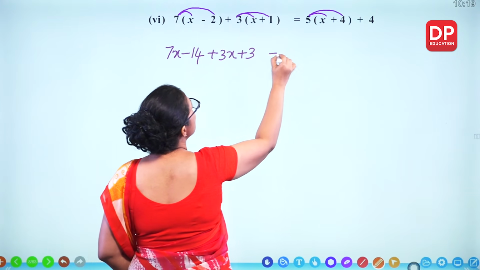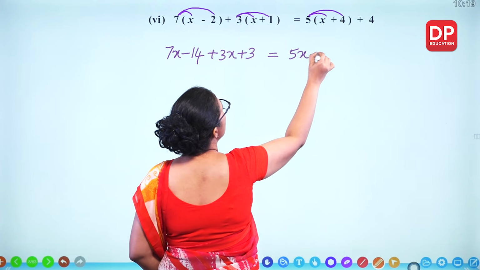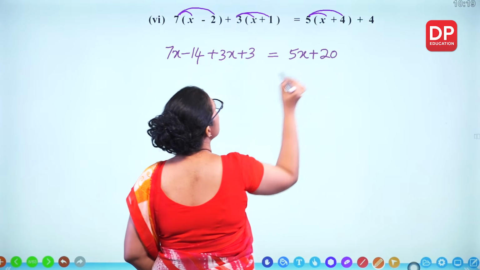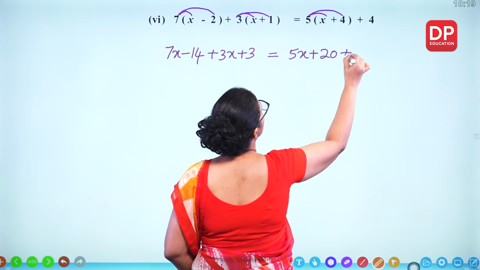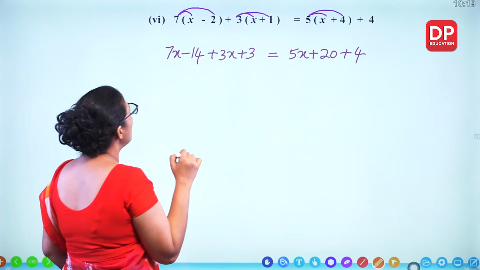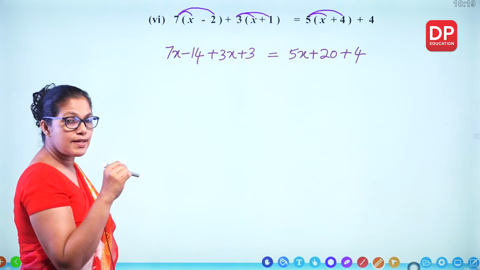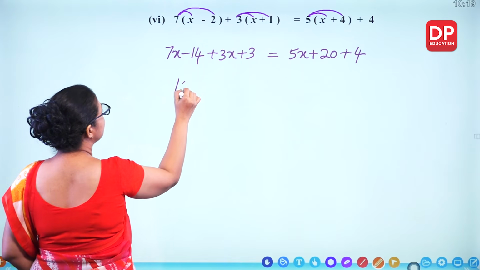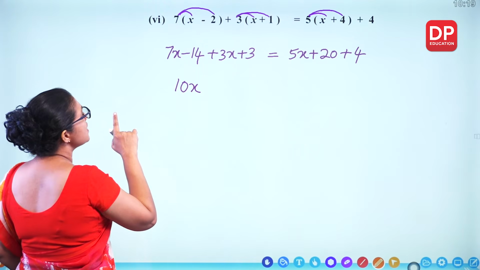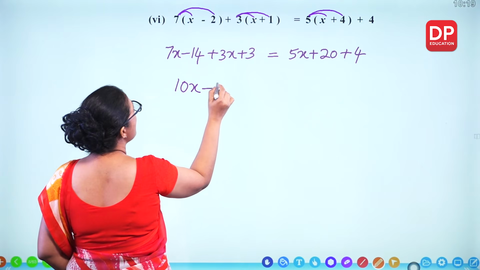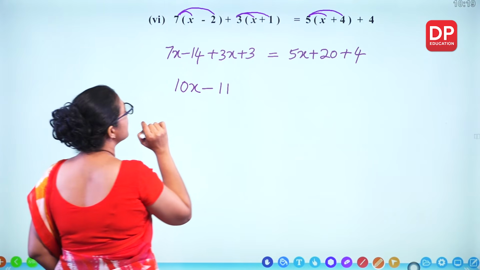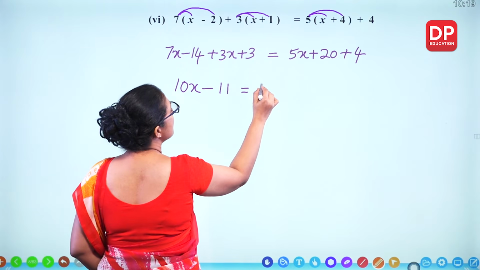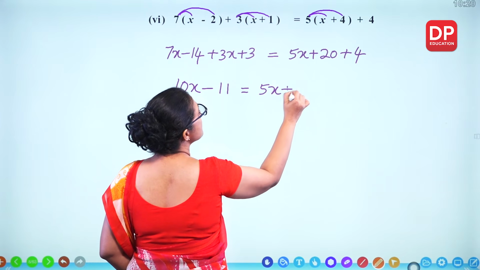And this is equal to 5x plus 20. 5 times 4 plus 4. Now 7x plus 3x, 10x. Minus 14 plus 3, minus 11. Here 5x plus 24.